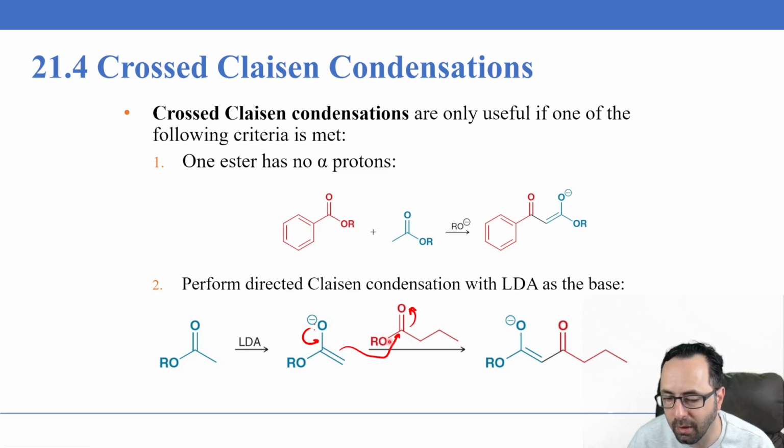Notice that this group ultimately gets kicked out; it's not there anymore, and we'll have the double bond here and the deprotonated enolate ion, which we could then subsequently protonate with an acid workup.